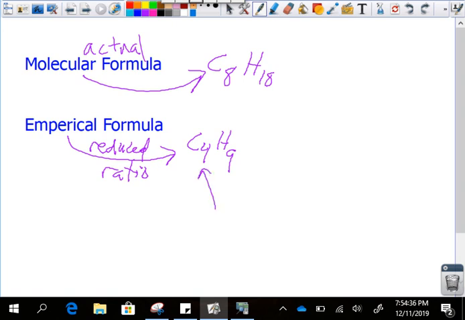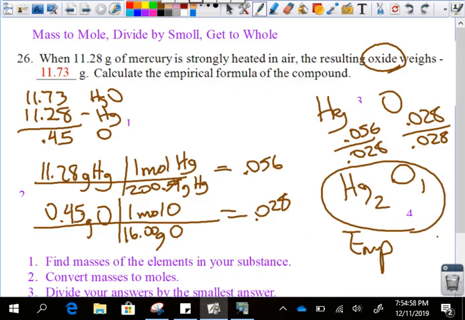You can't do this Lewis dot structure. You can't go carbon to carbon to carbon to carbon. There's not enough hydrogens there to make it work, because that thing doesn't really exist. And so empirical formulas are a ratio that might not really even happen. The molecular is the actual formula present.